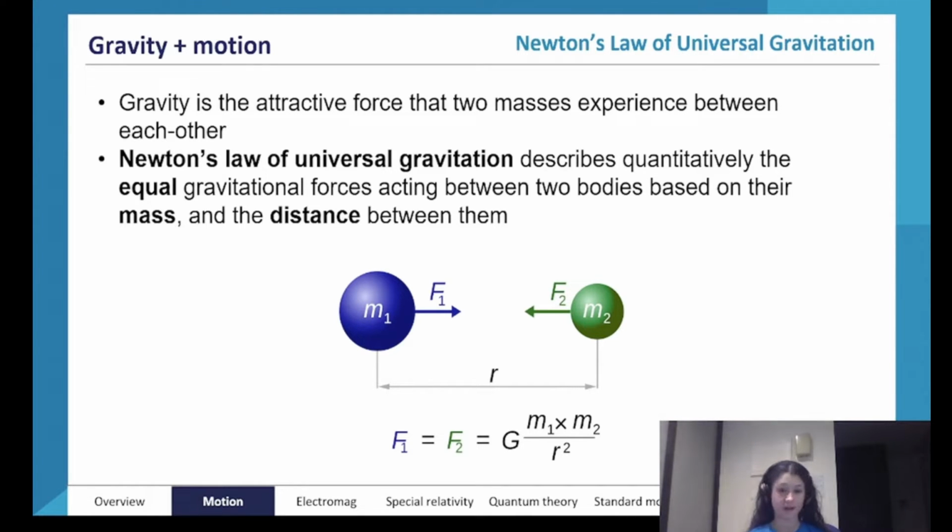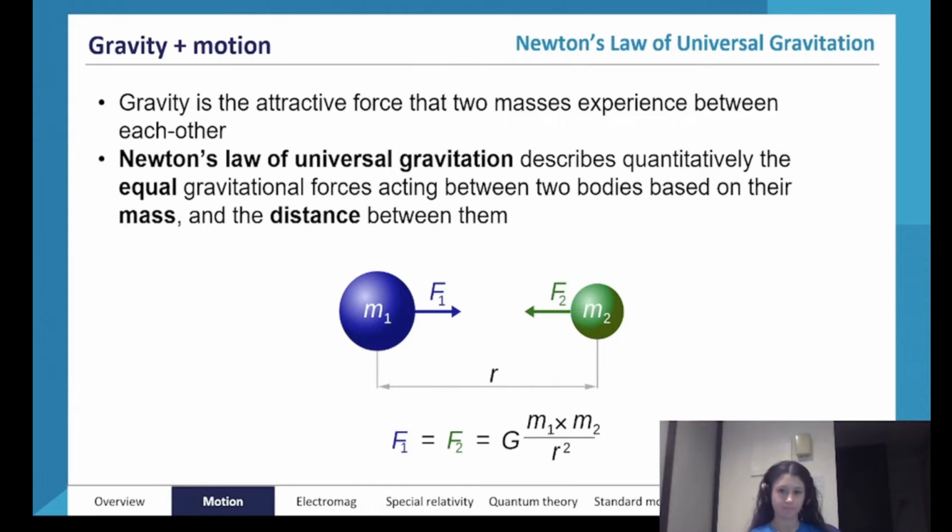However, the effect is going to be different because of the law of inertia. So the force exerted by the two masses is going to be the same. However, this mass is going to feel more of an effect because it's smaller, so it requires less energy to move. And this mass is going to move not as much because it is larger, so it requires more energy to move.